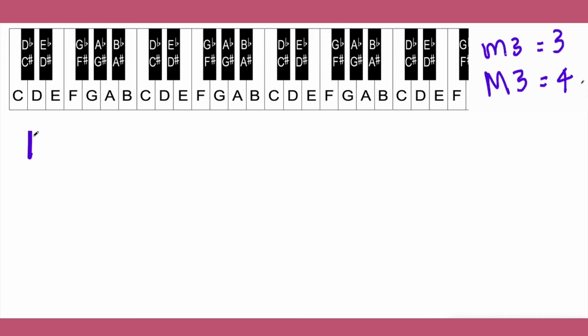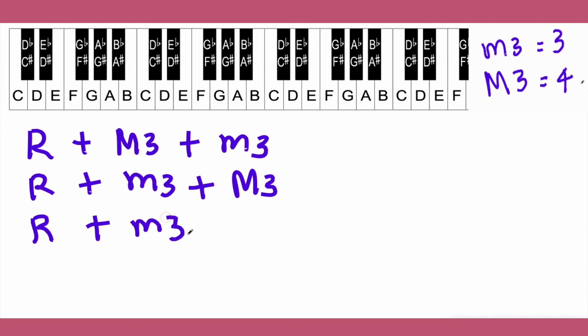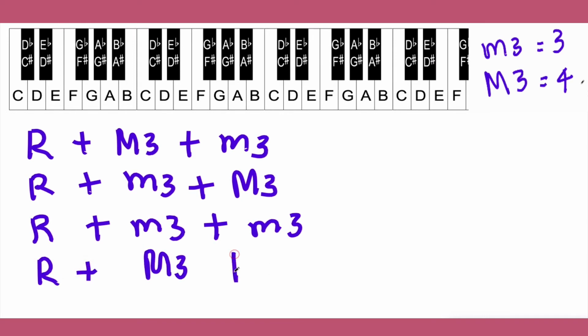The formula to find them is: root plus a major third plus a minor third, and then root plus minor third plus major third, and then root plus minor third plus minor third, and root plus major third plus major third.